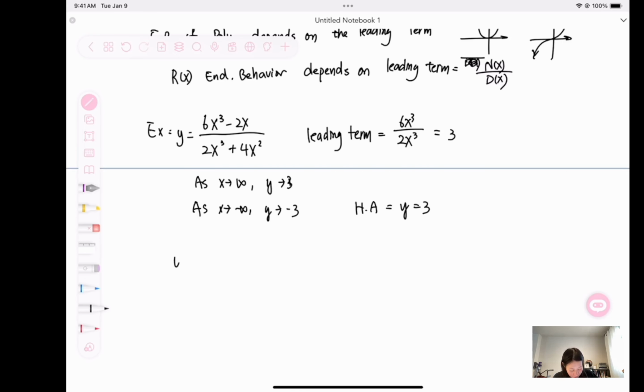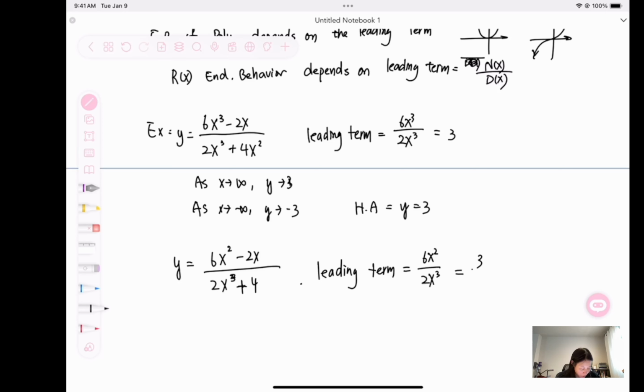All right, so second example, let's say this is 6x squared minus 2x over 2x cubed plus 4. So that means the leading term will be 6x squared over 2x cubed.